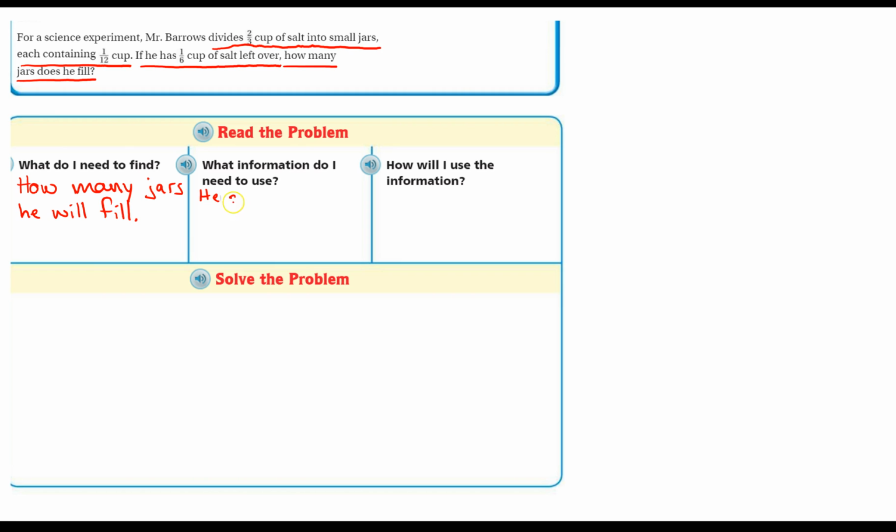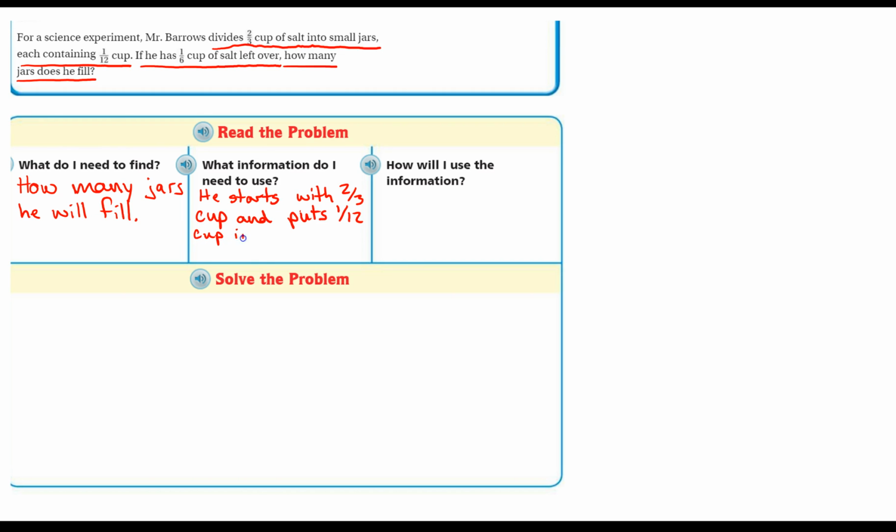He starts with 2/3 cup, and puts 1/12 cup in each jar.